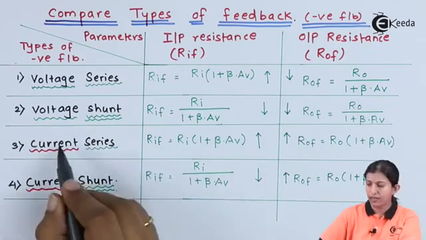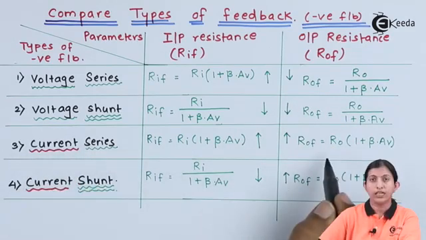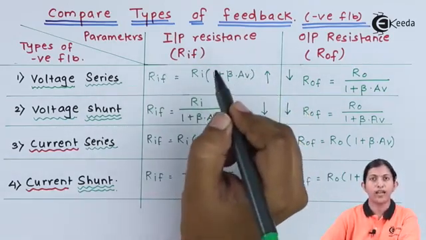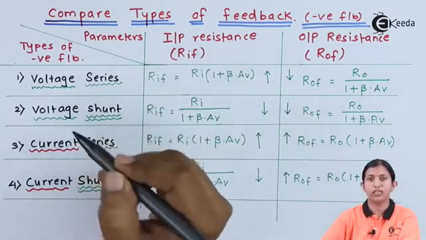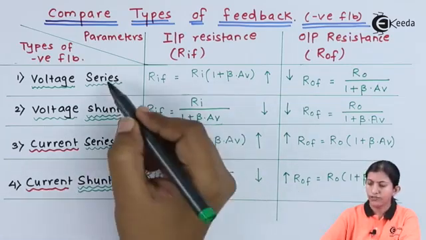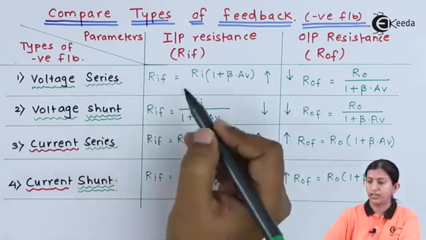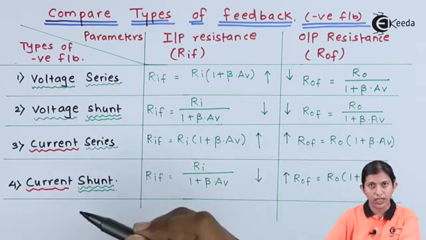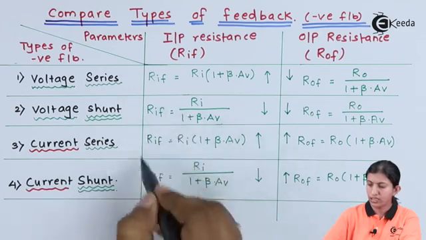In current sampling, the resistance increases. In case of input resistance, we have to think about whether the connection is series connection or shunt connection. So if it is series connection, then the input resistance increases, but if it is shunt connection, then input resistance decreases.